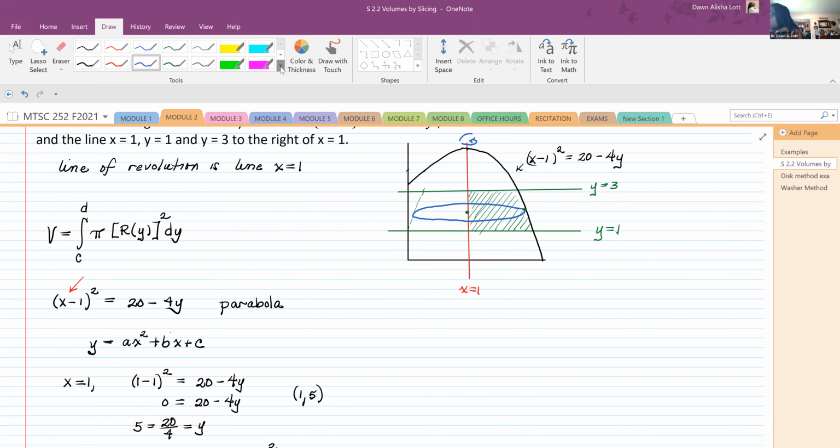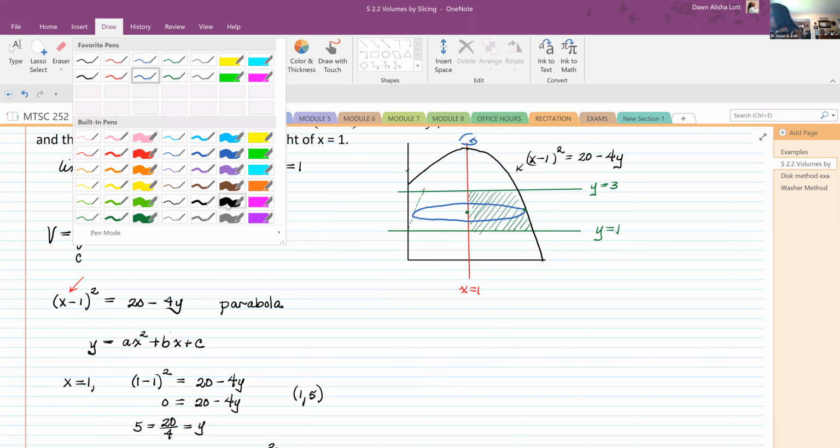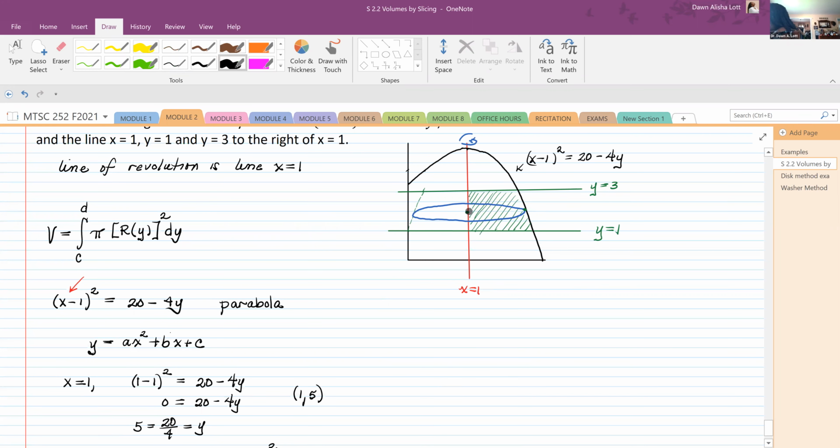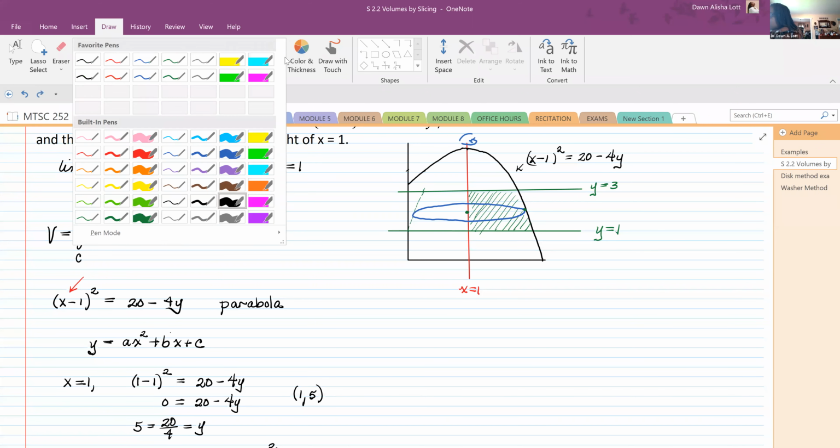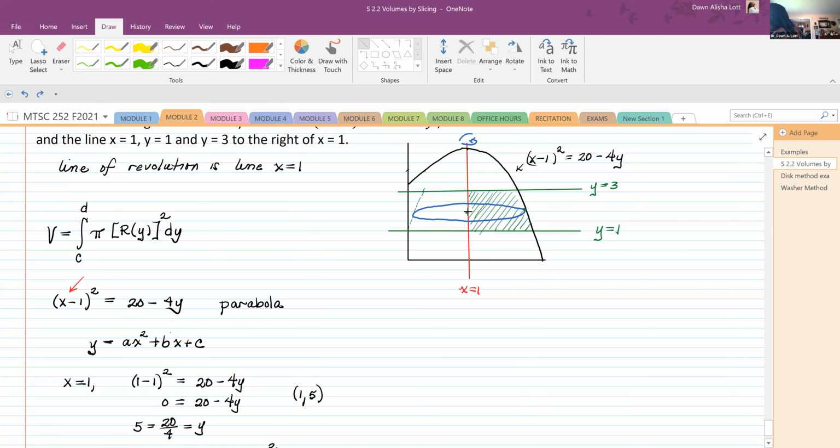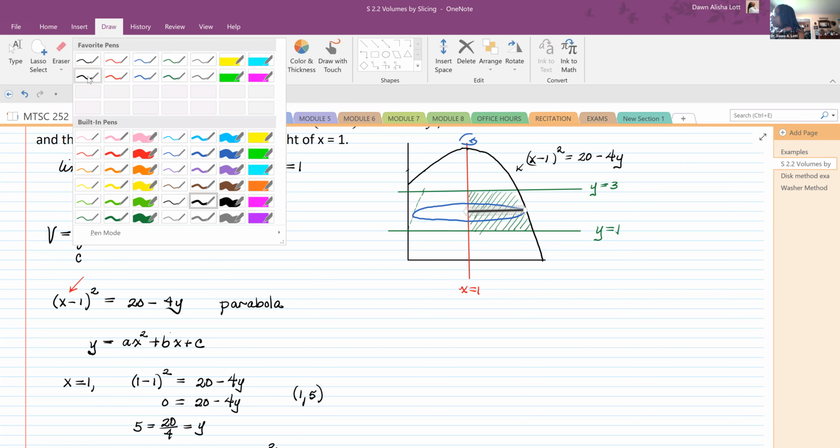So there is the radius of my disk. Okay. So now here is the difficult part.